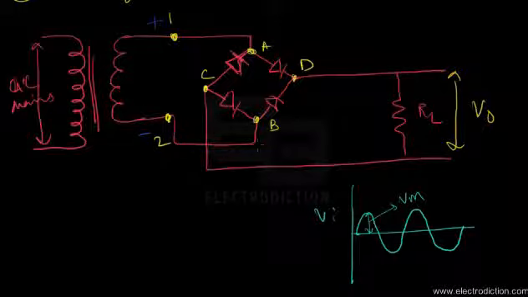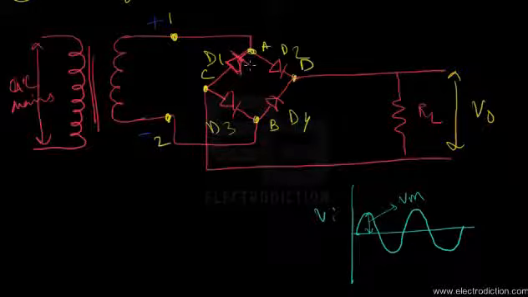So node A is at a positive voltage and node B at a negative voltage, and that causes a diode to conduct. Let me name the diodes first: this is D1, D2, D3 and D4.